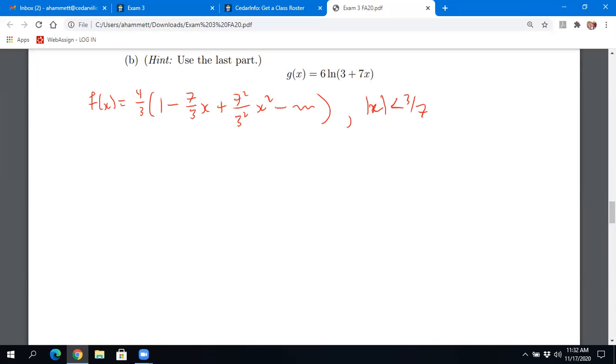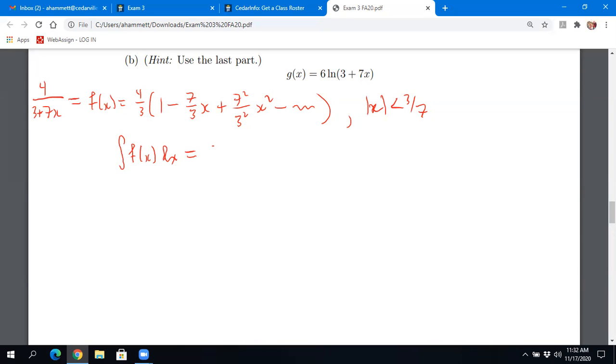We said that the integral of f of x dx is equal to some kind of constant, right? After all, so what was f of x again, just to make sure we're on the same page? f of x was 4 over what? 3 plus 7x, that's exactly right, okay?